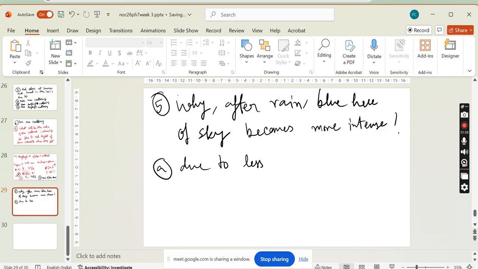So that's why Mie scattering got less. That is why the blue hue of the sky became more intense. It is not due to more Rayleigh scattering, but generally due to less Mie scattering, because the big particles are removed by the water droplets of the rain.